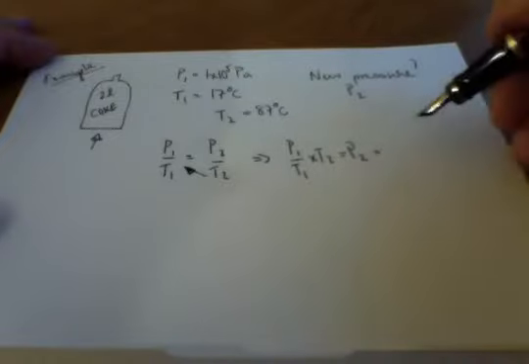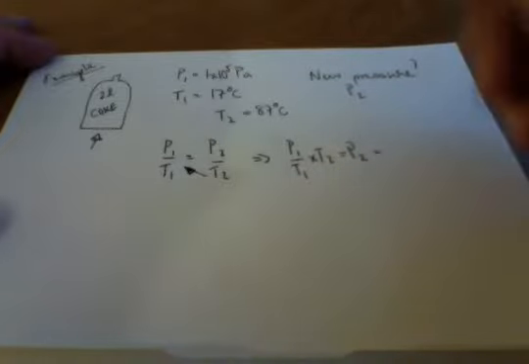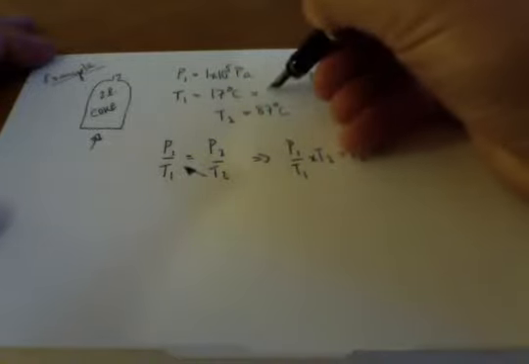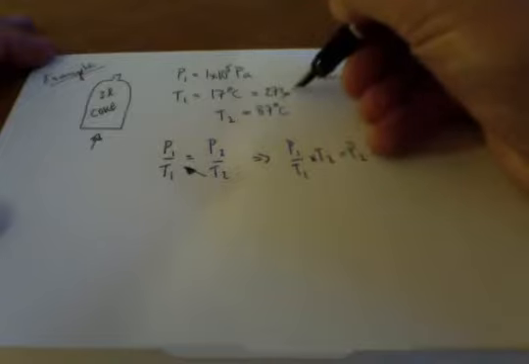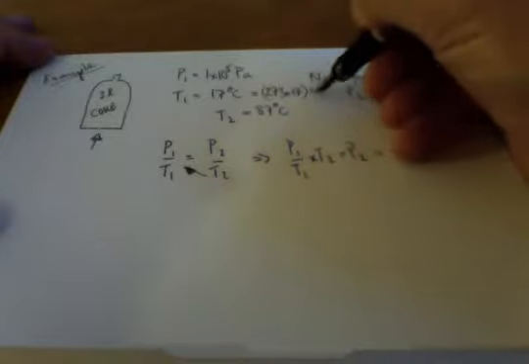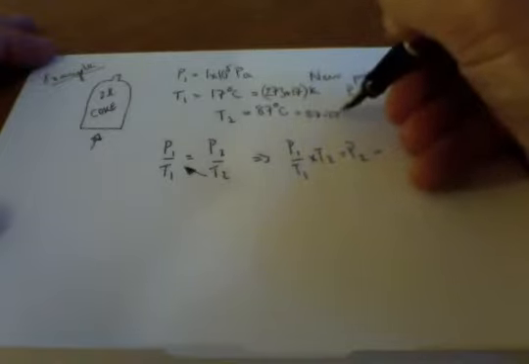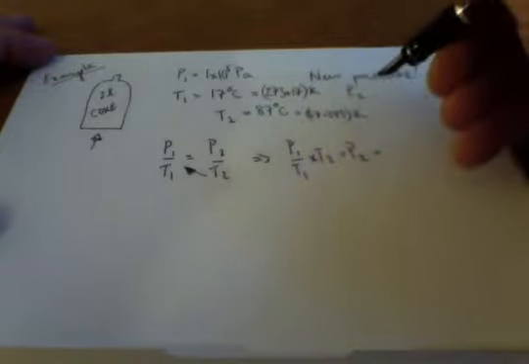Right, and then a simple substitution is needed. However, be careful here. We need to convert the temperatures into Kelvin. And this becomes 87 plus 273 Kelvin.